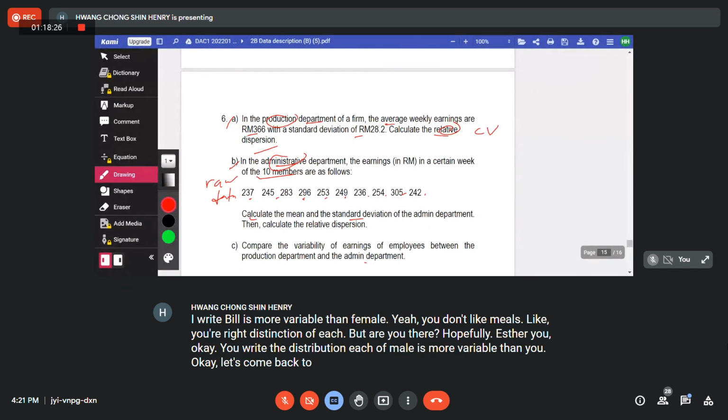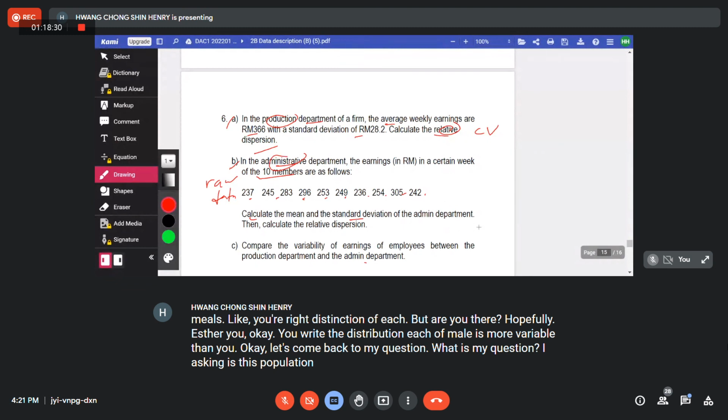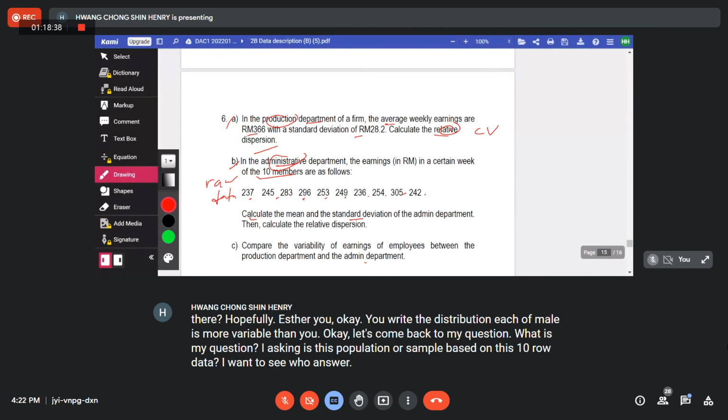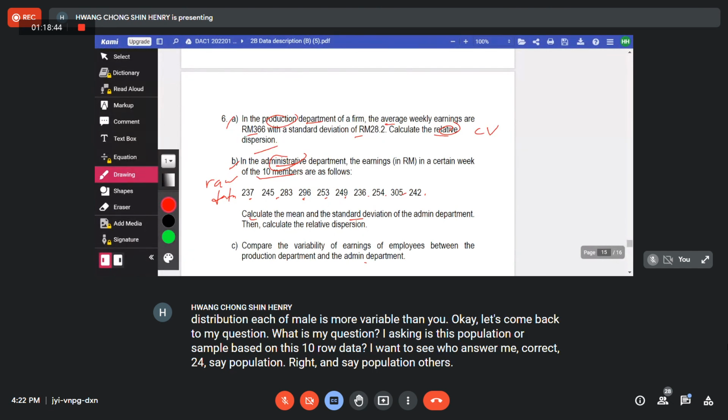Okay, let's come back to my question. What is my question? I'm asking, is this population or sample based on this 10 raw data? I want to see who answers me correctly. Who can say population? Brian says population. Others? Not sure.